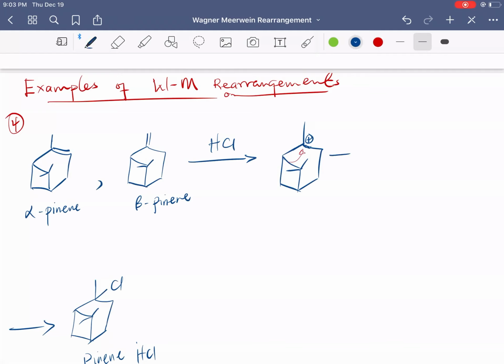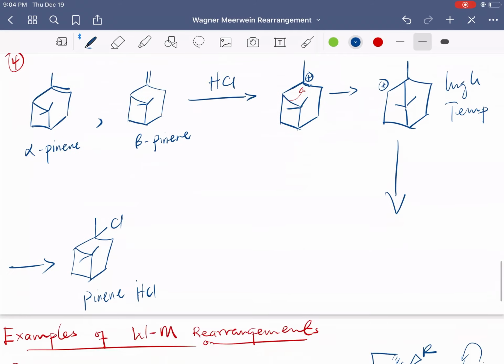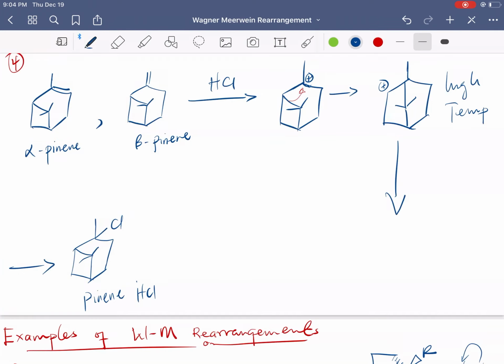Then we form an intermediate, a rearranged intermediate, that looks like that. So at high temperatures, we form a product, the bornyl product, instead of the normal product.